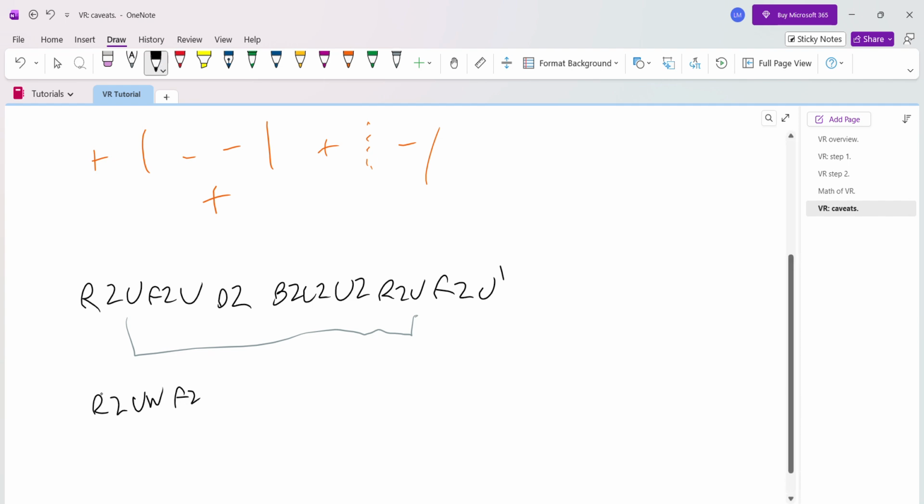But now here, instead of leaving it as is, we widen the D2. So we get U D Y2, which is the same thing as U prime Y2. So we just preemptively insert an E2 because this doesn't affect VR. Okay? And we might have to undo this if the step 2 requires that we do that.